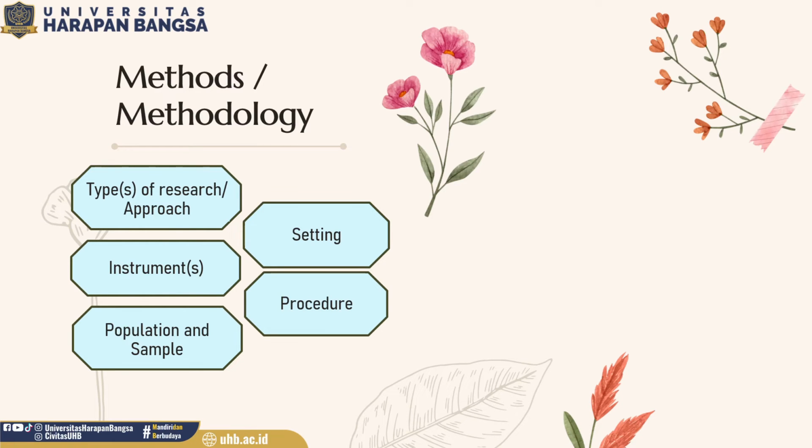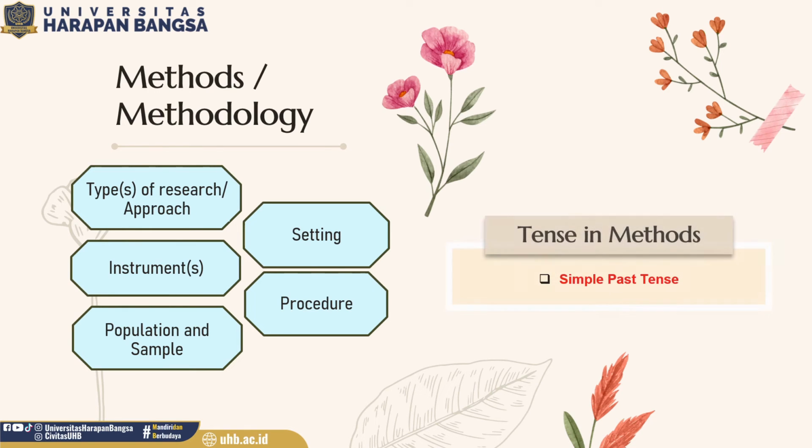And the last is the procedure. It tells about how researchers collect and analyze the data, data collection and data analysis. Well, the methodology section should generally be written in the past tense.